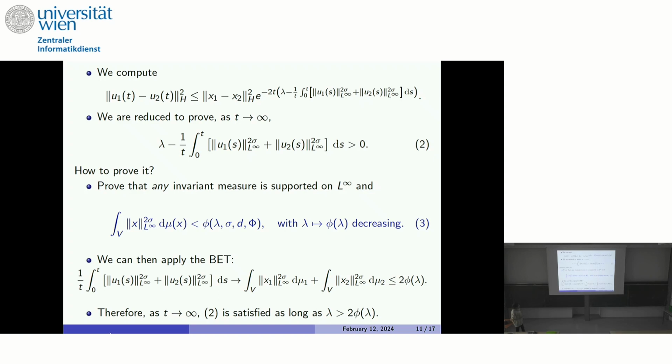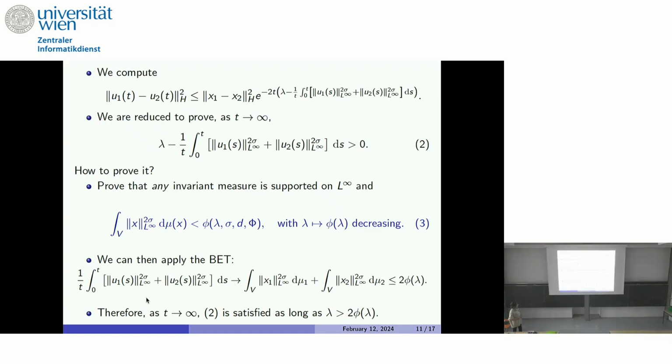So if this estimate holds true, then we can apply the Birkhoff ergodic theorem, which says that this mean in time converges when time goes to infinity to this mean in space with respect to the invariant measure. But we know that this is bounded by a function that depends on lambda, and it is decreasing in lambda.